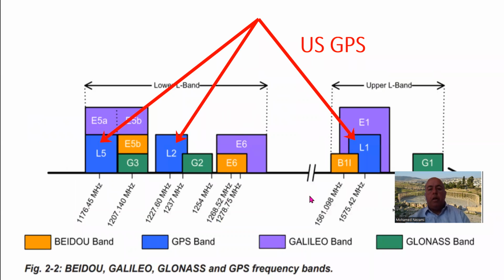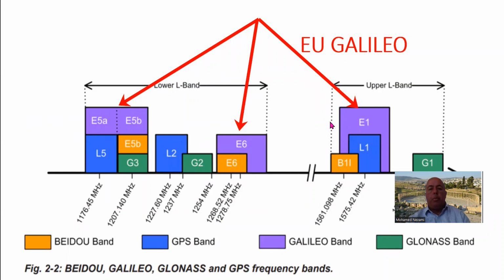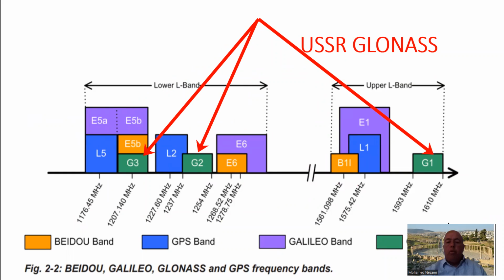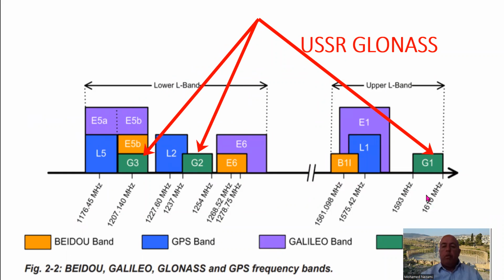If you are designing a European system, you would want to use ceramic filters or SAW filters that are centered at these bands. Likewise, if you're trying to do GLONASS, you would want to center at these bands. And the most interesting one is the G1 band, the Russian band, which is almost near the Inmarsat and Globalstar bands, okay?